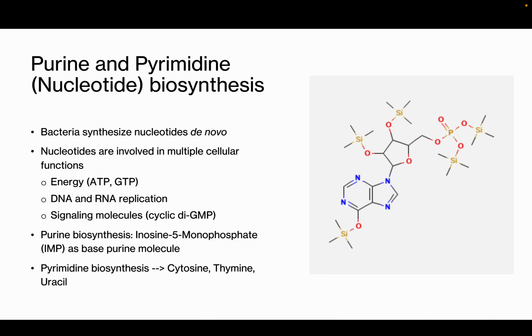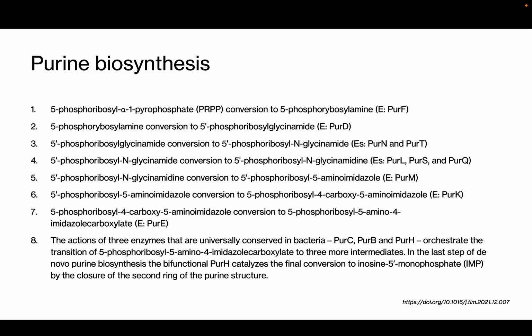Then for pyrimidine biosynthesis, the case is quite different, but what marries the two pathways is a very important molecule, PRPP, 5-phosphoribosyl alpha 1 pyrophosphate. Not really a base, but more of a branch point where both pathways converge into a single network.